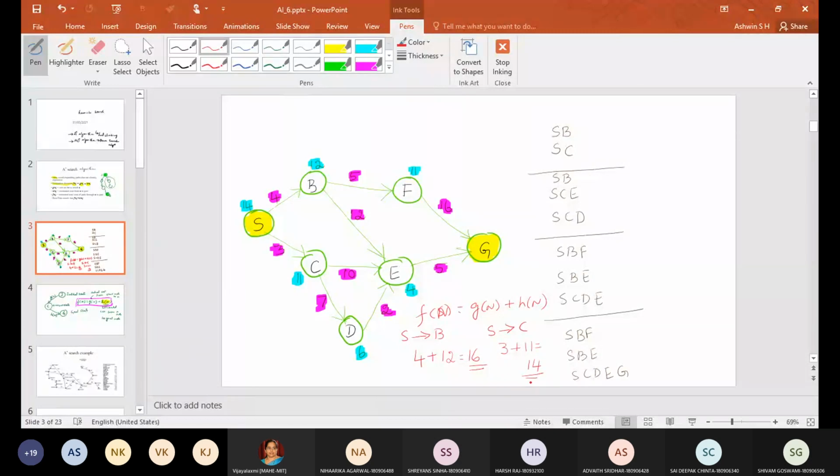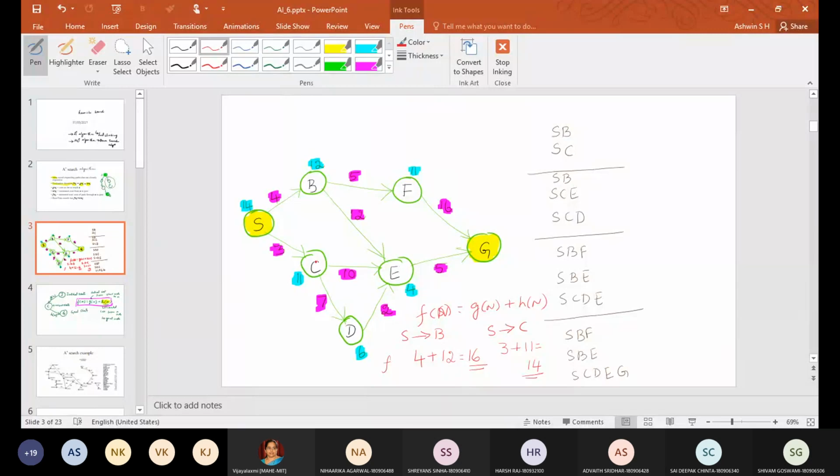I hope this step is clear. Now f of B is 16 and f of C is 14. Out of these two, it will select C, because at this particular moment moving from S to C is inexpensive.